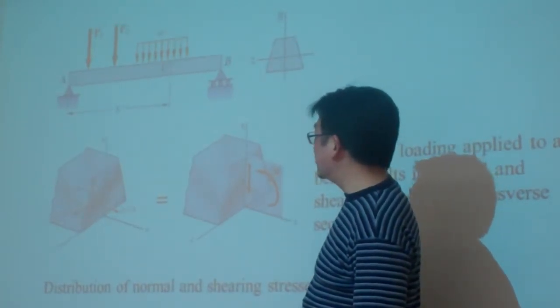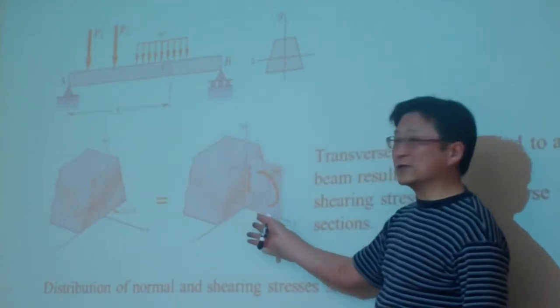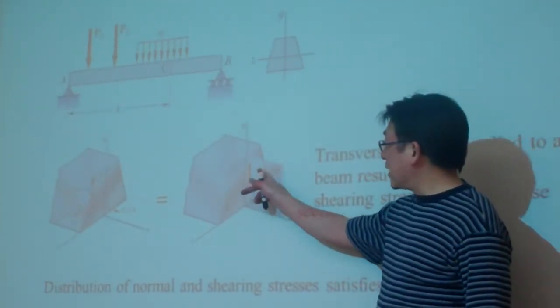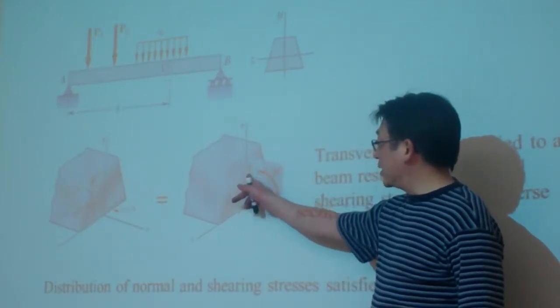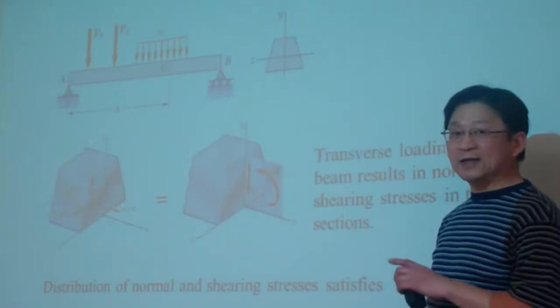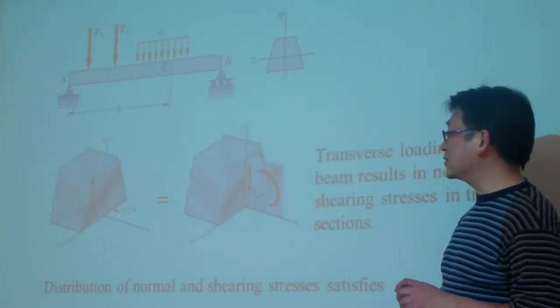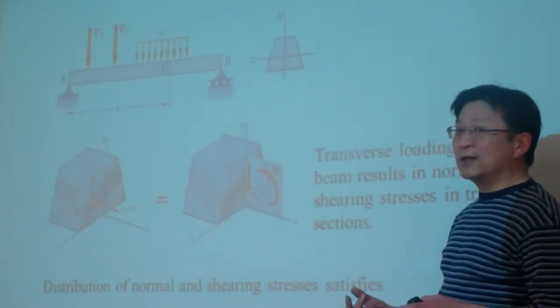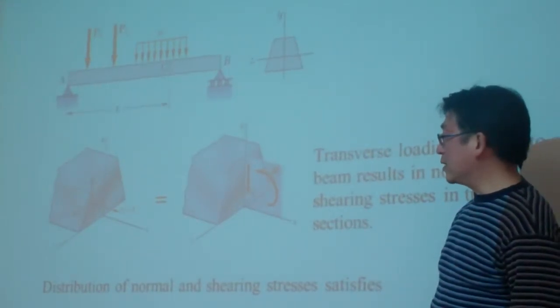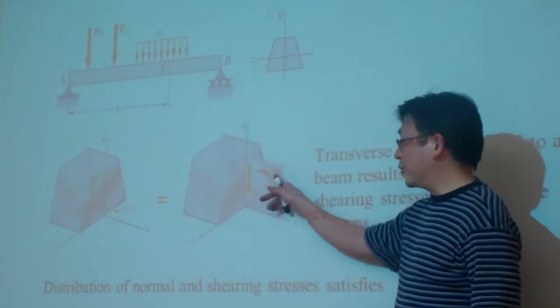That means, in general, in any cross section, and here I need to bring your attention, there is not only bending, but also transverse loading in any cross section. That is the difference from pure bending. Our previous test was for the beam under pure bending only.